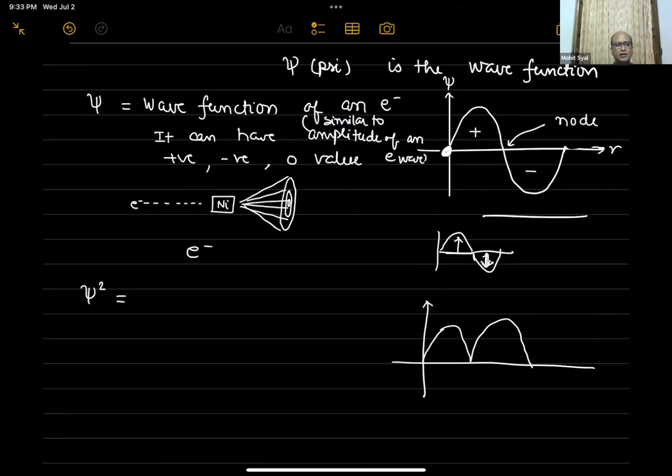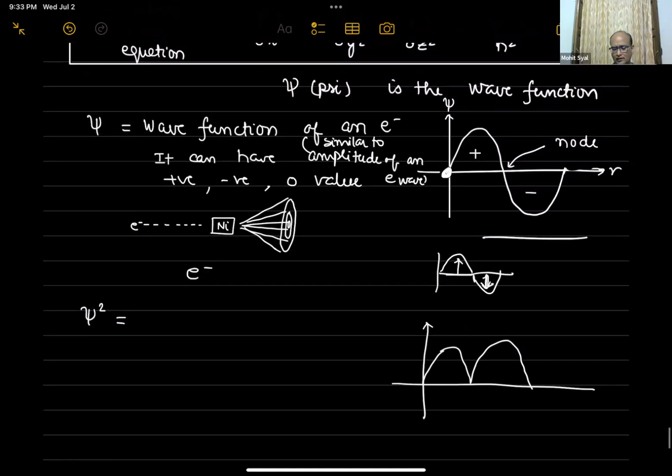And in conventional wave theory, in light waves, the intensity is proportional to amplitude square. So what will the wave function for the upper graph be? Suppose you are having a graph for psi, right?